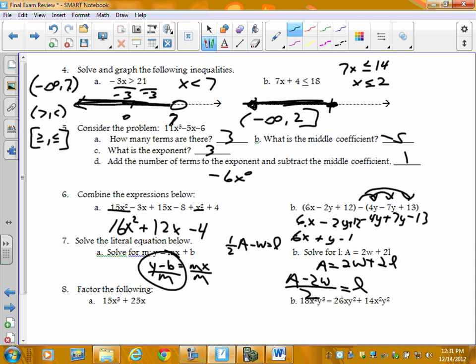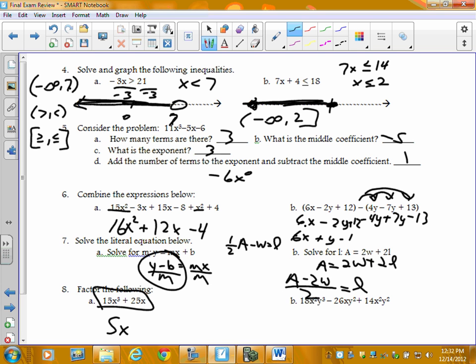Factor the following. How do you know if you got them factored right? When you multiply back out, it gives you the right answer. Guys, when I look at this problem right here, if I think that the greatest common factor is 5x, whatever I multiply 5x by has to give me 15x cubed plus 25x.